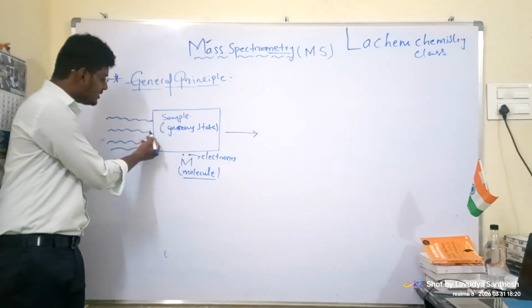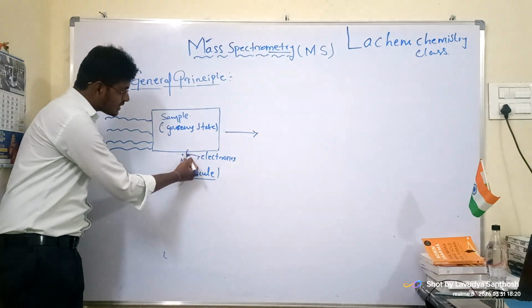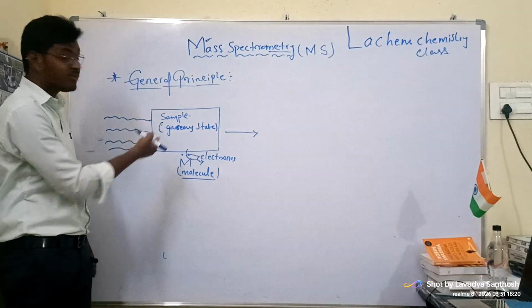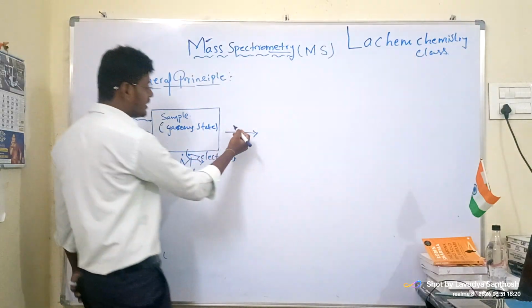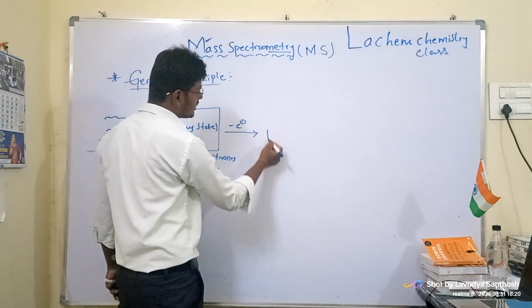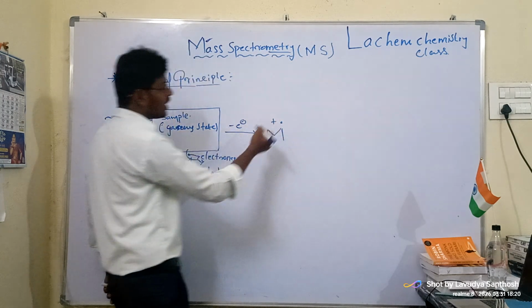Now when this beam collides inside, one electron ejects from its outer shell, and there is a minus one electron. Now there is a formation of the molecular ion.